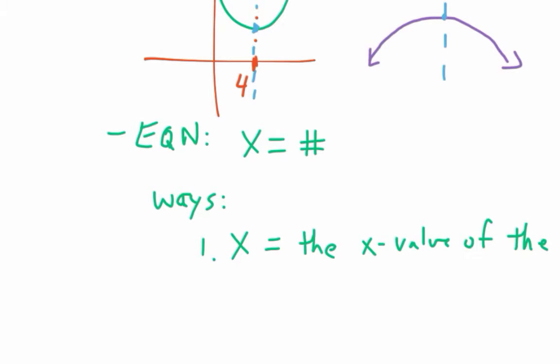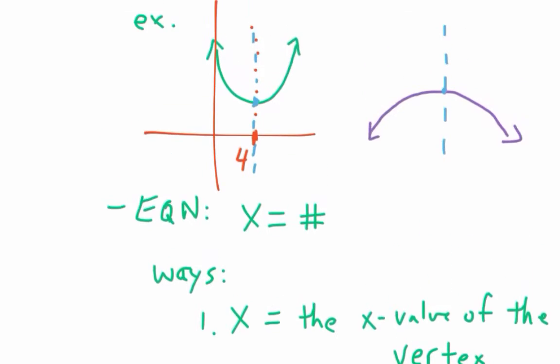So the vertex, we said, was the name of that highest point, the maximum, or the lowest point, the minimum. So if you know that, say, the vertex right here for this one happened to be like a (3, 17), then the equation for the axis of symmetry in blue has to be x equals 3. It's just the x value. Good?